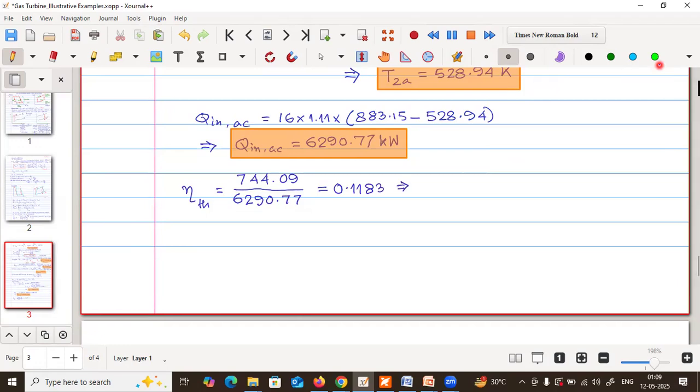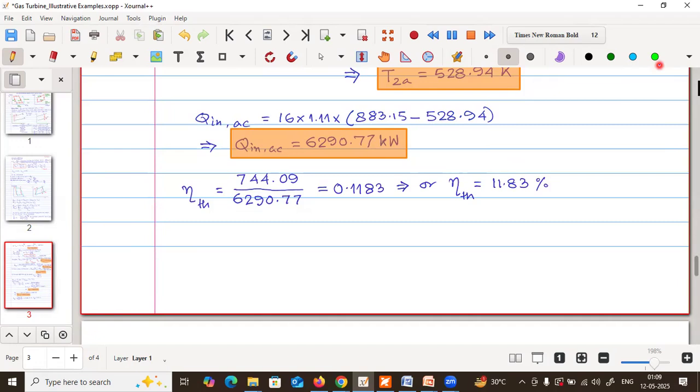We see that the thermal efficiency is about 12%, that is 11.83%.